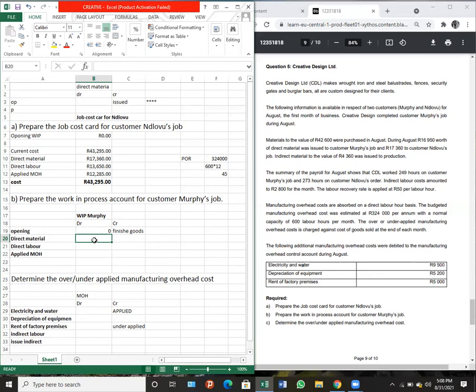We are doing work in progress. 16,950. Correct. 16,950 of direct material was issued to customer Mafi. You still remember, guys, when I was explaining the direct material T account, I said the issued one is going to be transferred to what? To your work in progress.